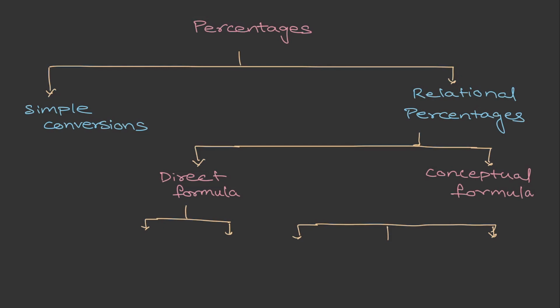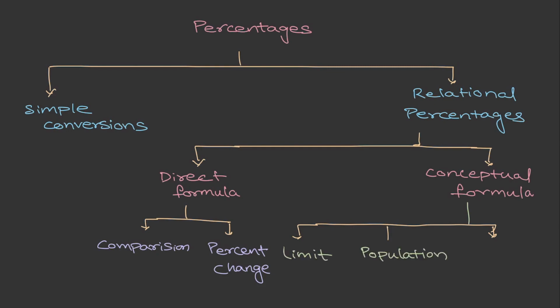Again, in direct formula, there can be comparison between two things or percent change questions. While coming to conceptual formula, the concepts used in questions are based on limit, population, or expenditure. So, first let's deal with simple conversions.